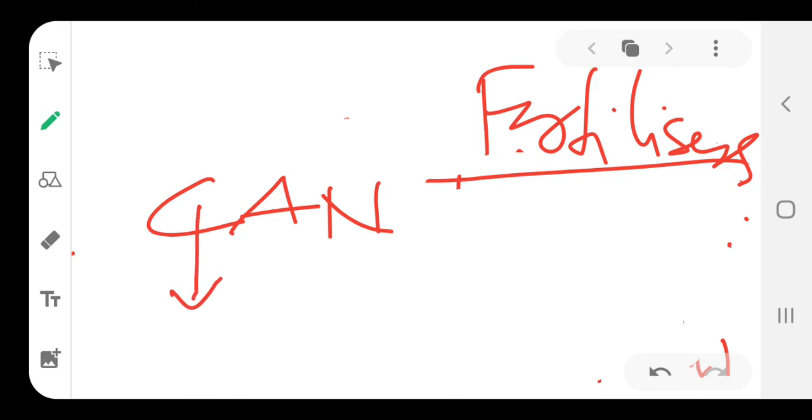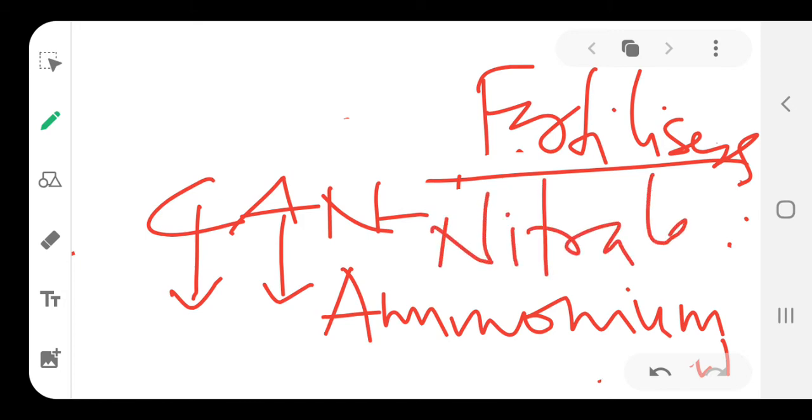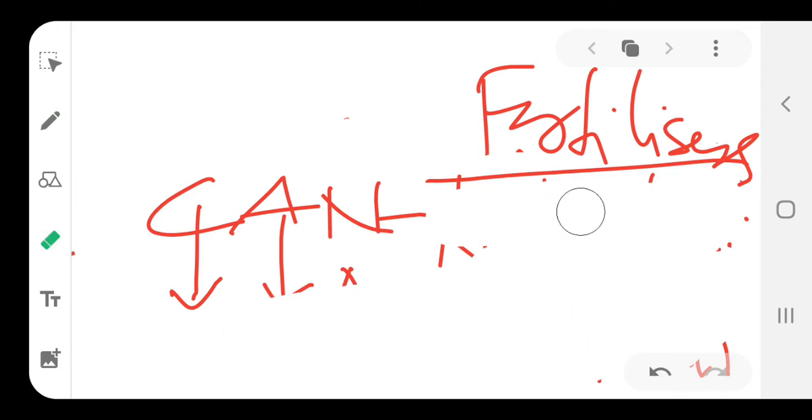C is for calcium, A for ammonium, and N is for nitrate. So calcium ammonium nitrate is the second salt under fertilizer. You should know these examples.